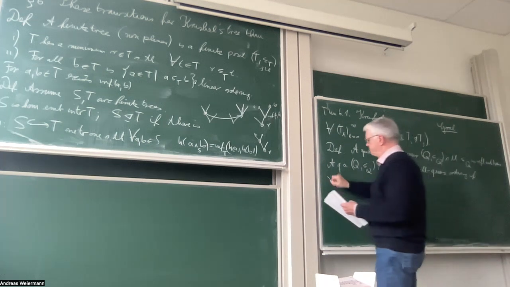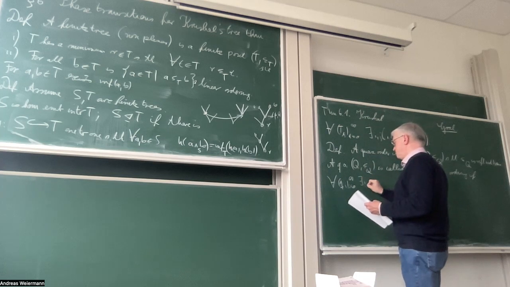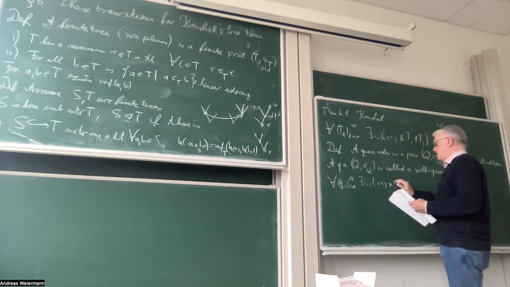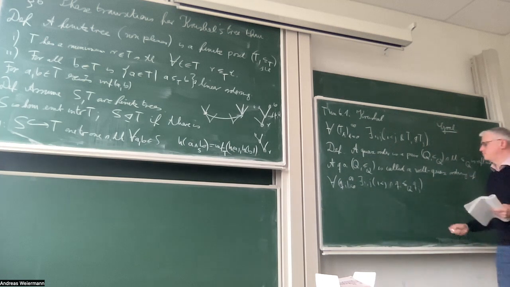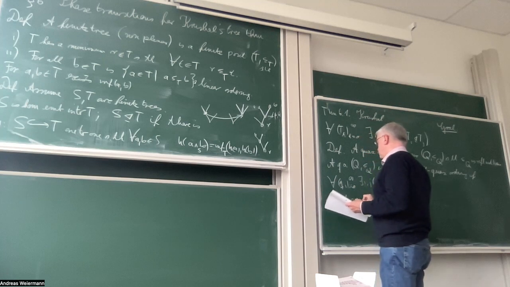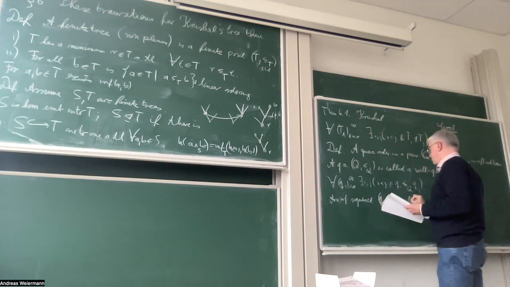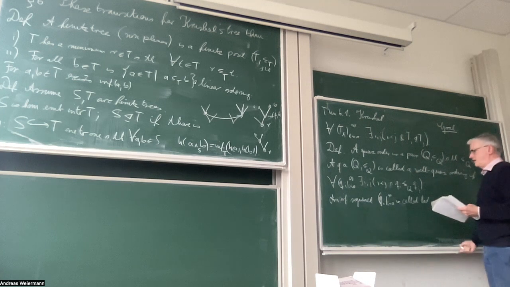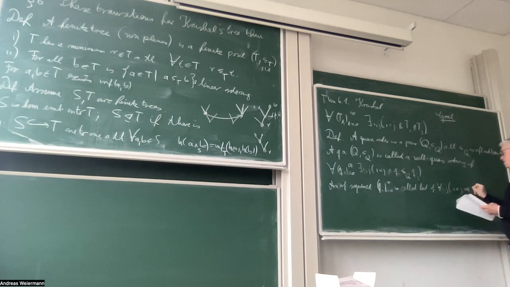It is a well quasi order if for all infinite sequences of elements in Q, there exist i and j with i less than j such that q_i is less than or equal to q_j. If it does not satisfy this condition, that is, if for all i and j with i less than j, q_i is not less than or equal to q_j, then the sequence is bad.